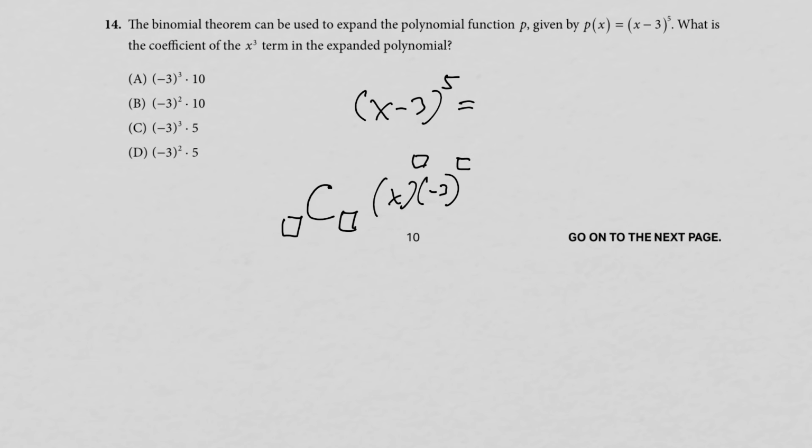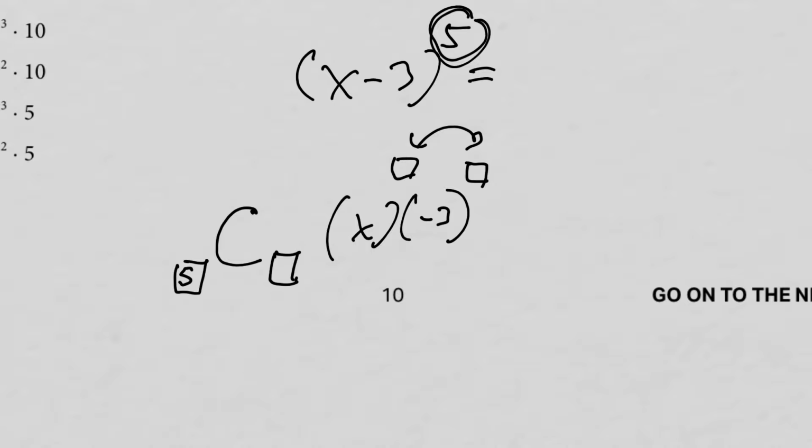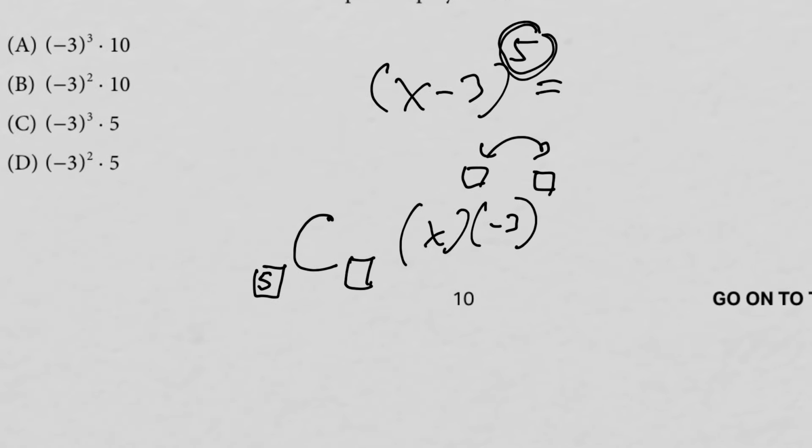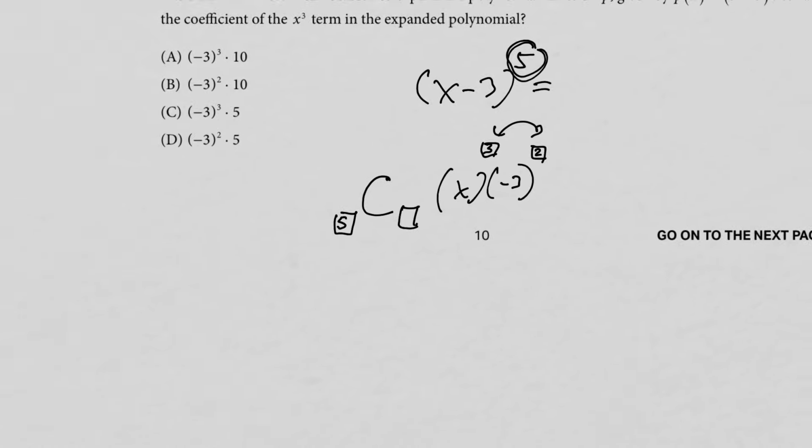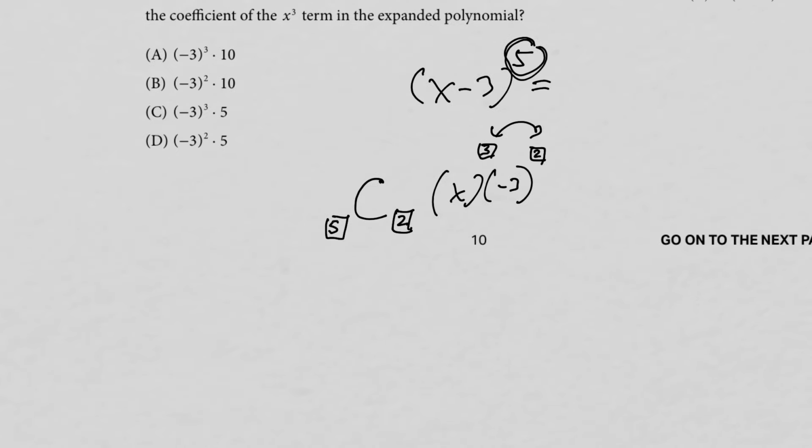These two exponents have to add up to 5. This number will be 5, whatever the biggest exponent is. Now, since we want x to the 3rd, we put a 3 here, and that would make this a 2. And this is also a 2 here.